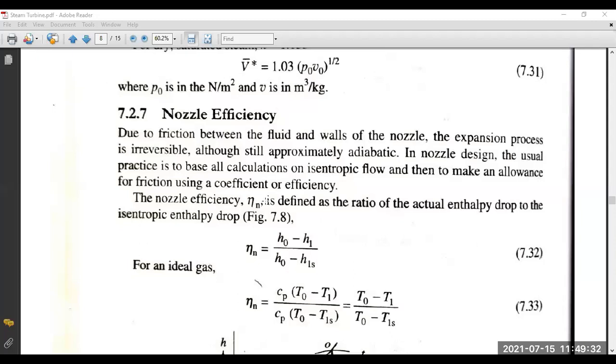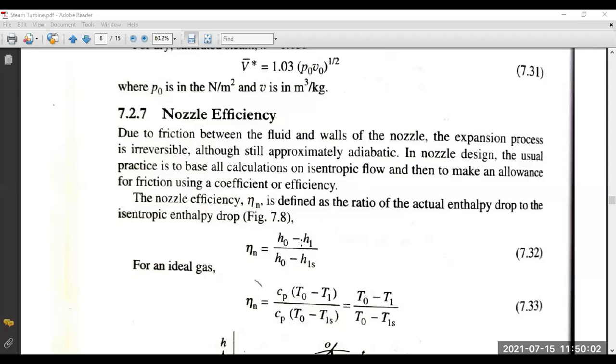Then for the stagnation, we are subtracting V1 square minus V0 square, meaning the kinetic energy change due to the velocity V1 at the outlet, and kinetic energy stored at the stagnation point, divided by the kinetic energy at the outlet if the flow is isentropic, which is much higher than V1, minus V0, the velocity of the fluid at the stagnation point.